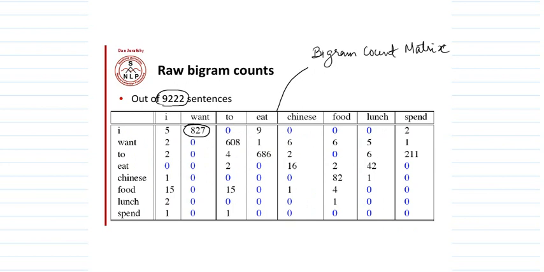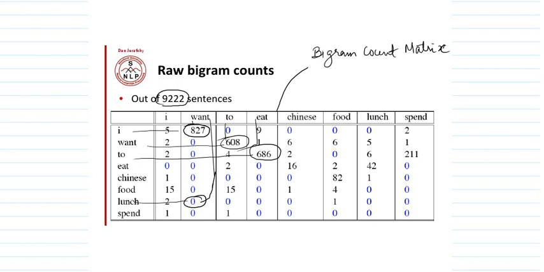Similarly, want and to occurring together is 608. To and eat is 686, and so on. But lunch and want does not occur.